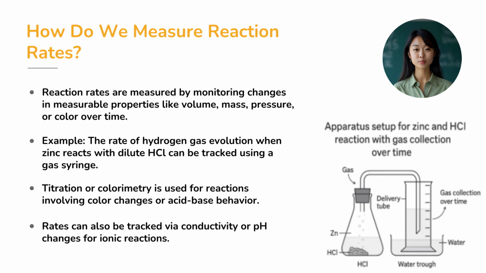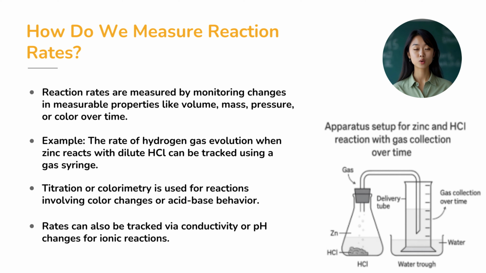Let's now go from theory to the lab. How do we measure a reaction's rate? We track a measurable property that changes over time. It could be the volume of a gas, the change in pressure, mass, or even the color or pH. Here's a familiar experiment. Zinc reacts with dilute hydrochloric acid to release hydrogen gas.